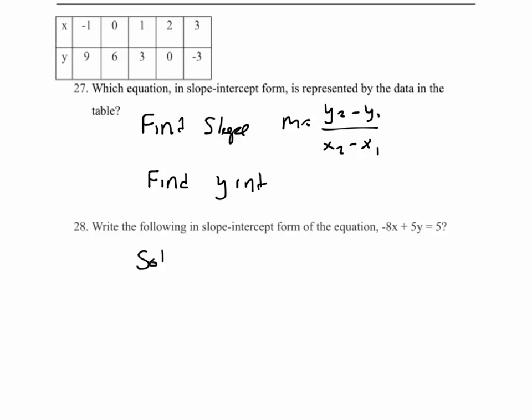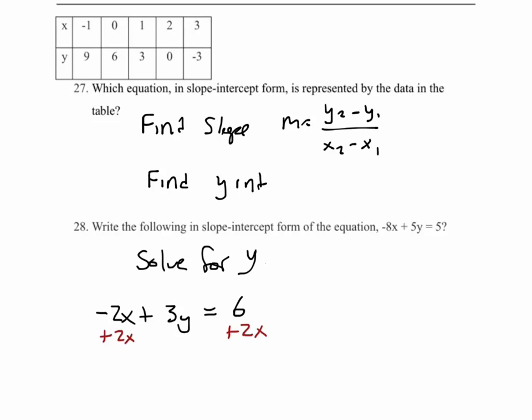Solve for y. Okay, so I'll do one for you. Negative 2x plus 3y equals 6. So if I'm going to solve this, it's plus 2x on both sides.